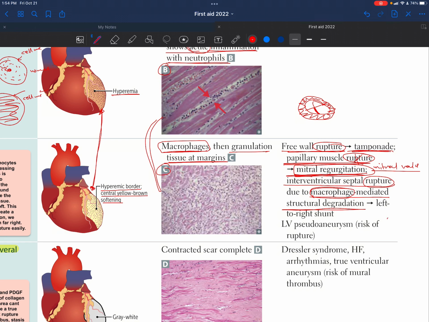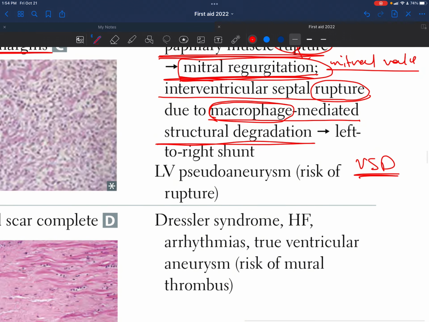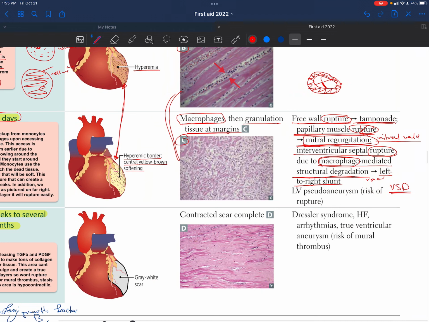If it happens, then we have a VSD, but this VSD is after an MI, a myocardial infarction. So it would be a left to right shunt, because, as we said, the blood moves from the area of the heart with the highest pressure, and the left side is stronger than the right side. So definitely the blood will flow from the left to the right side.